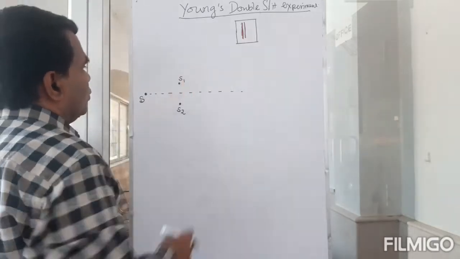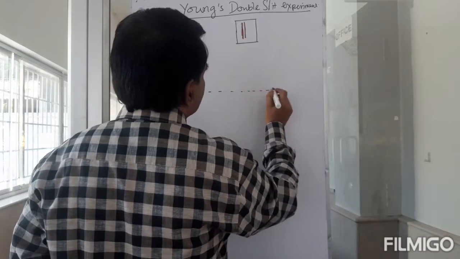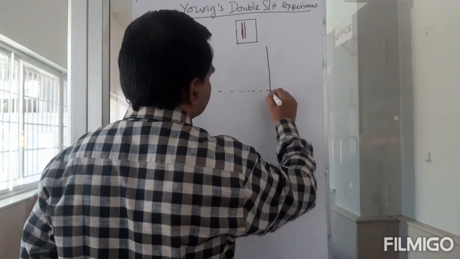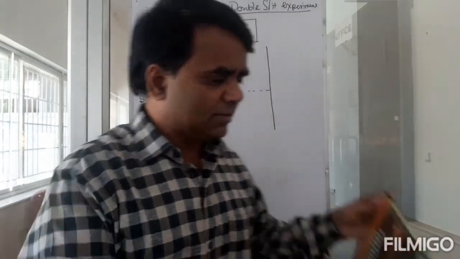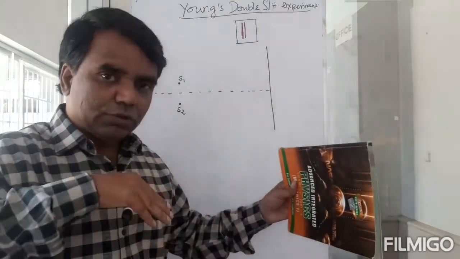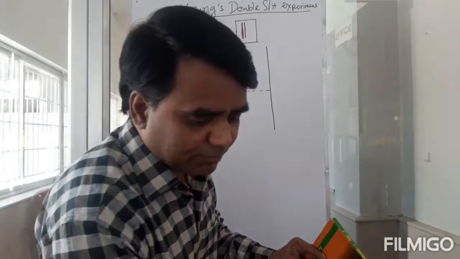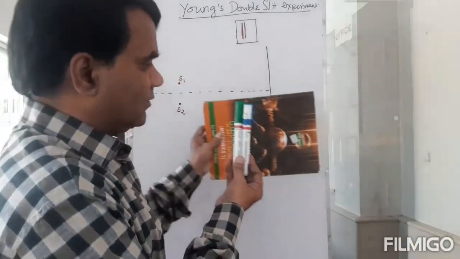So what do we see on the other side? Let's say I have a screen here. So this screen looks like this. So I have 2 slits here, like this. I'll put narrowly spaced slits like that. Okay.